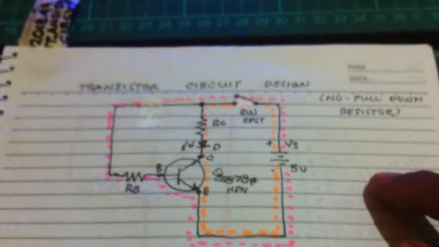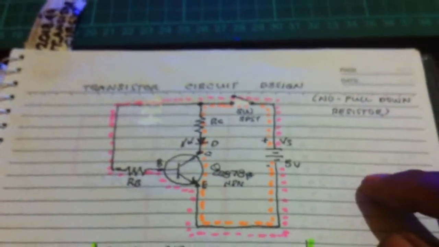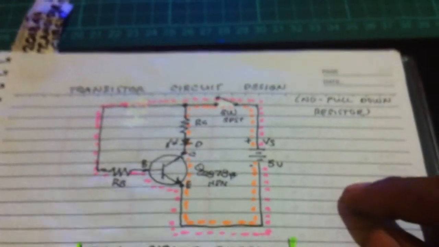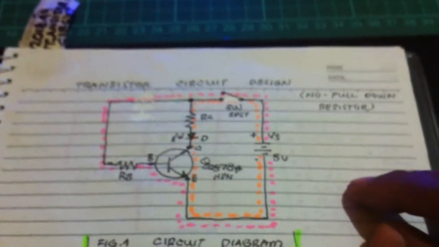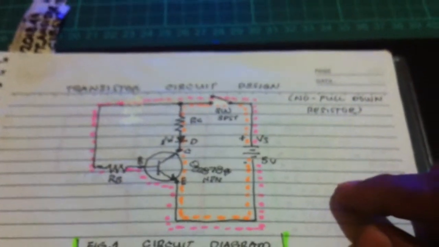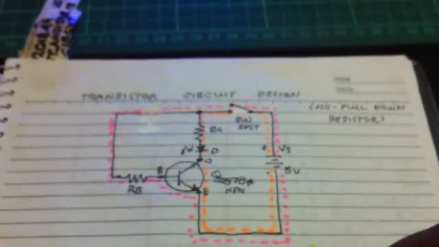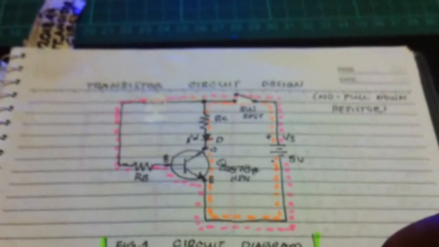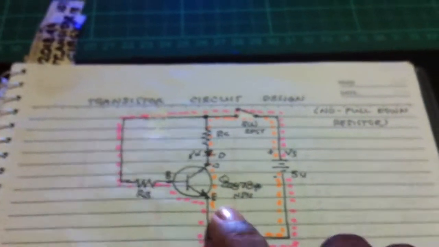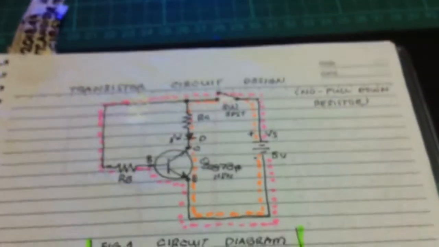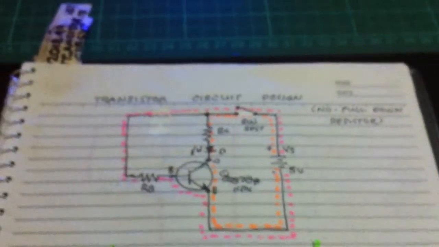This is our previous circuit, so let's just make a quick review of the current flows in the circuit. We are using an NPN C2878 NPN transistor.